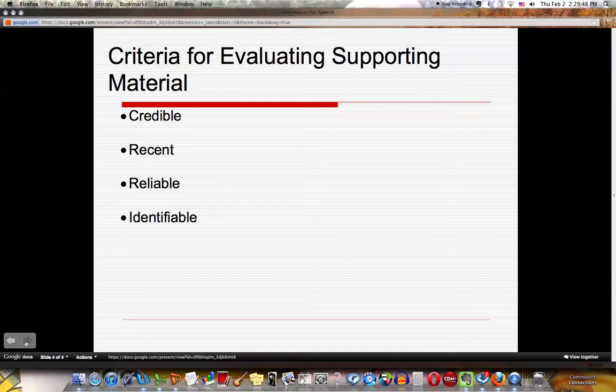And there are types of supporting material that are relevant to each part of those speech models. So if you know you're going to be doing a persuasive speech, you know you're going to have to validate the problem, for instance, or in a problem solution benefit speech, you know you're going to have to substantiate the need for the change that you're recommending.